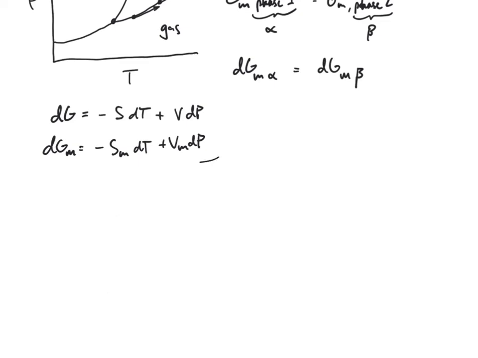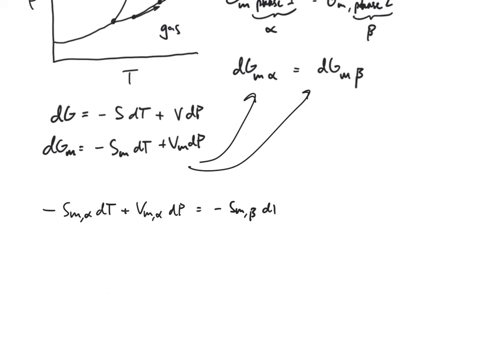So now I can just take this total differential and plug it into those two expressions right there, and I get negative Sm alpha dT. We're assuming that the temperature is going to be the same for the two phases. Molar volume of alpha dP. We'll assume that the pressure is the same for the two phases.